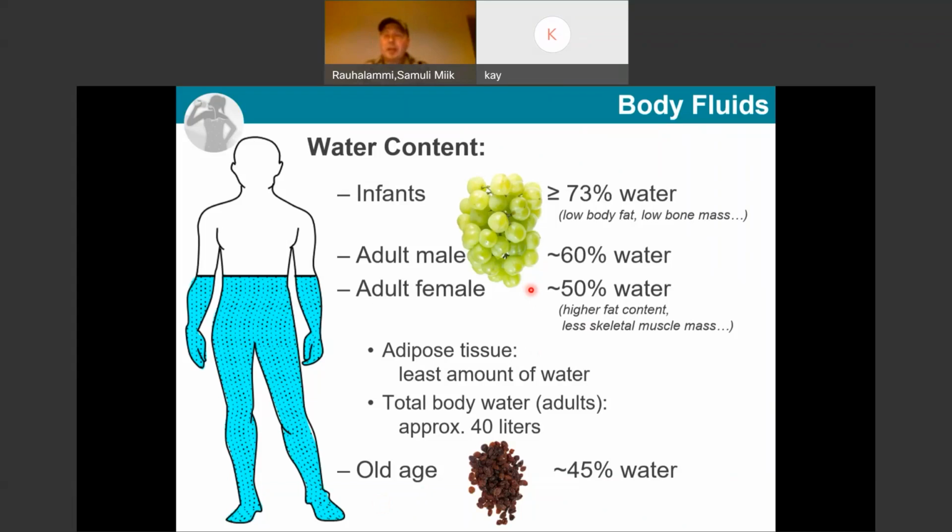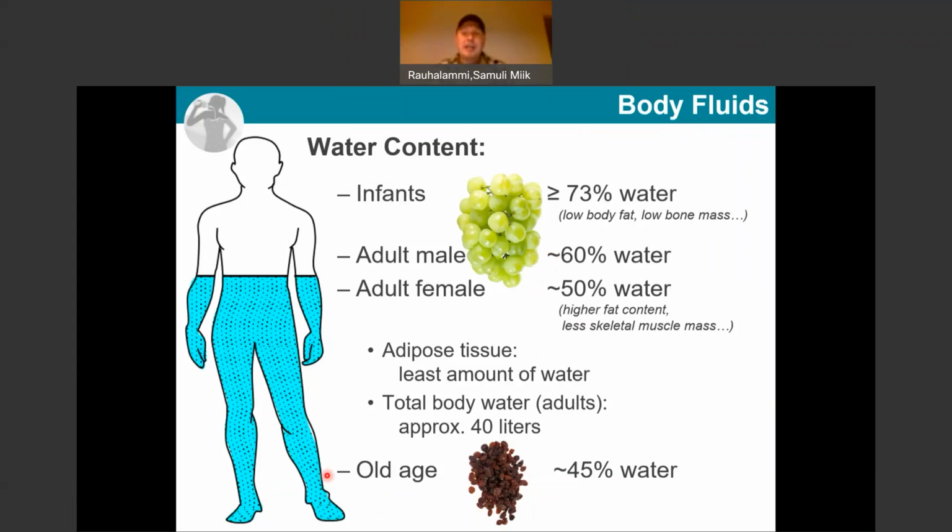The explanation for that is the higher fat content in females on average, just because of evolutionary reasons. Males have a little bit higher skeletal muscle mass, and skeletal muscle then carries the water content to the male body.